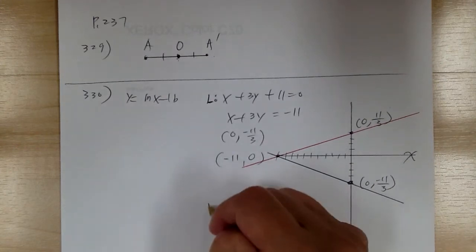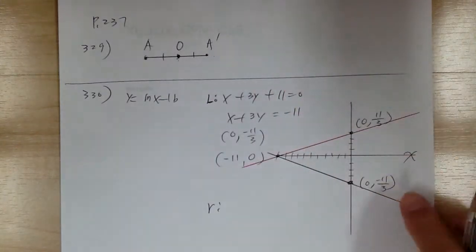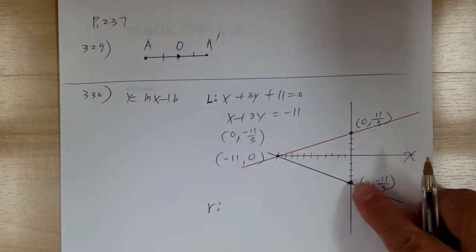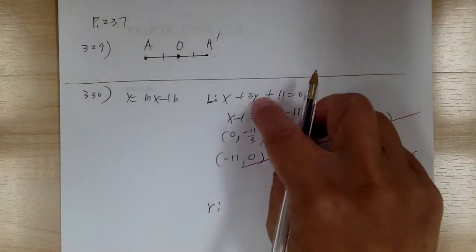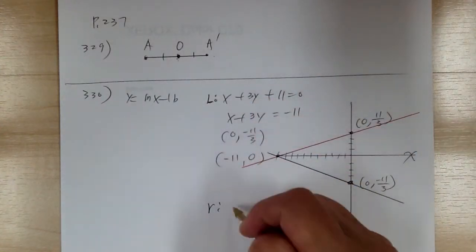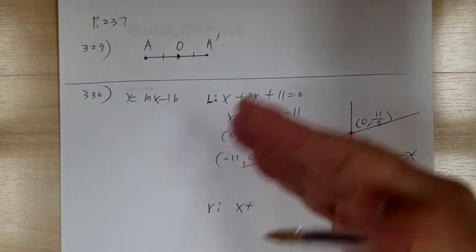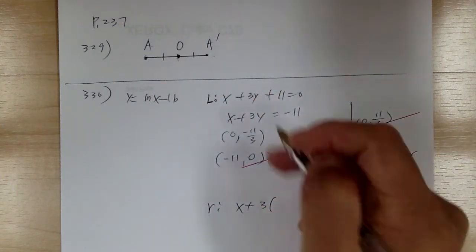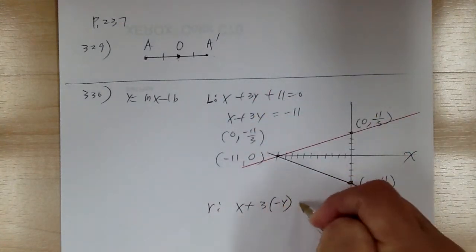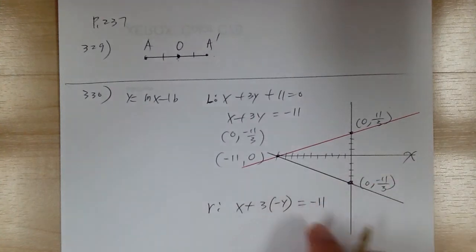So instead of y, you have a negative y. When you reflect over the x-axis, the 3 times y becomes 3 times negative y.